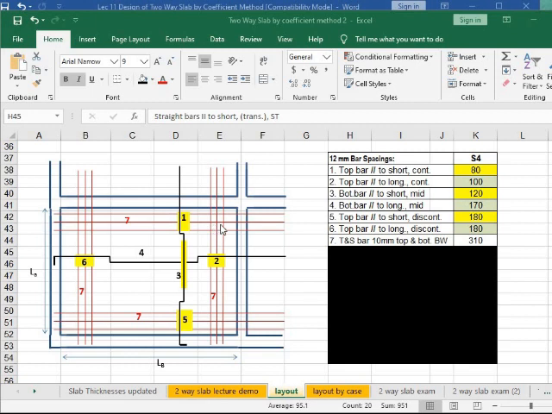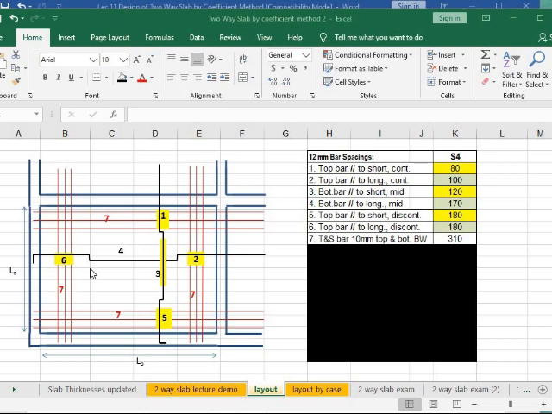Then, these red ones, take note, are the temperature bars with spacing of 310, 310 at the top and 310 at the bottom. In short, multiply by 4. But we will solve that later on.